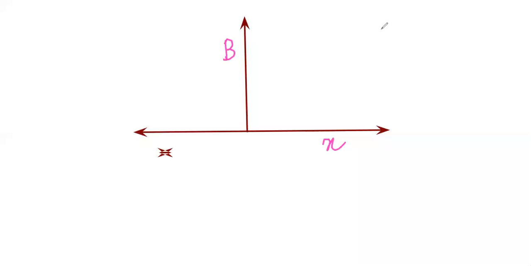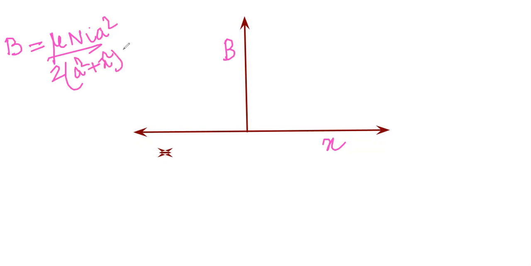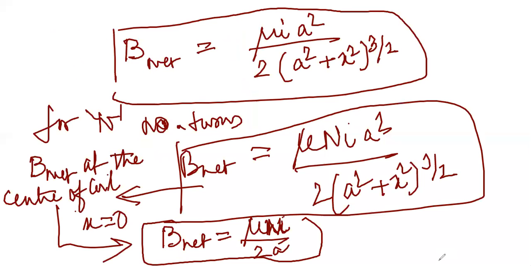So what was the expression we got? B is equal to mu N I a square by 2 (a square plus x square) whole to the power 3 by 2. So this we have already got there. So now at the center, that is maximum, because at the center the magnetic field will be maximum.